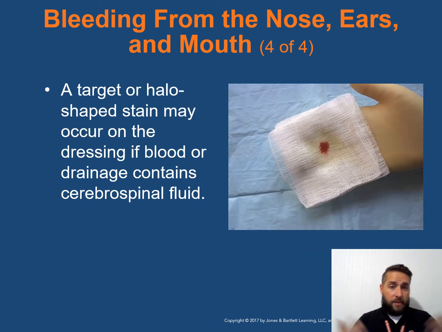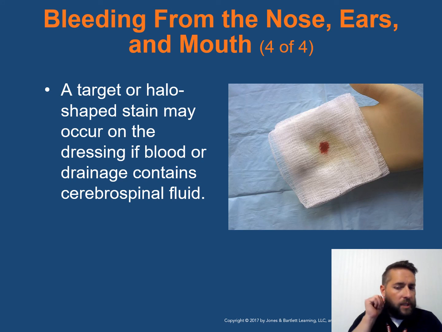So here we go. I think this might be the last slide, guys. This is called the halo test. If you can see there, CSF, cerebrospinal fluid, has this kind of yellow, hay-looking coloration. On the very outside of where the blood drop is, you'll see that there's this yellow color. That's what they call the halo test.